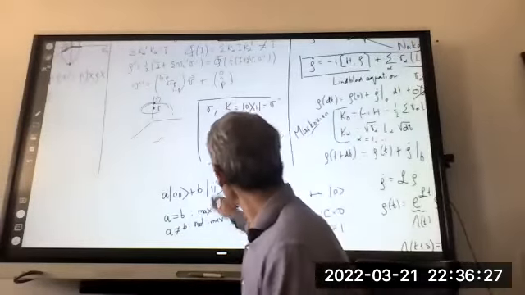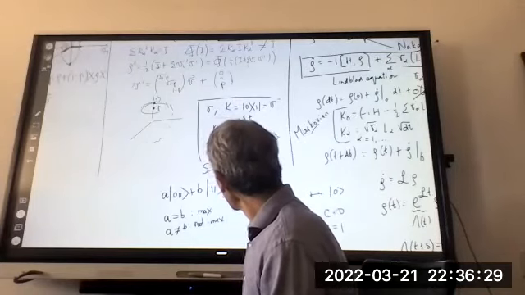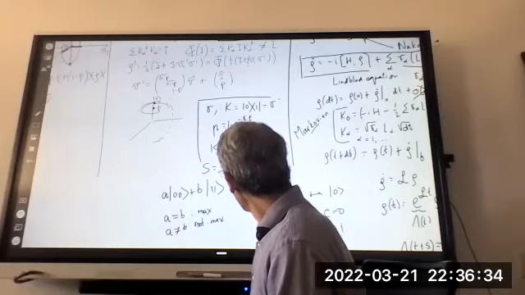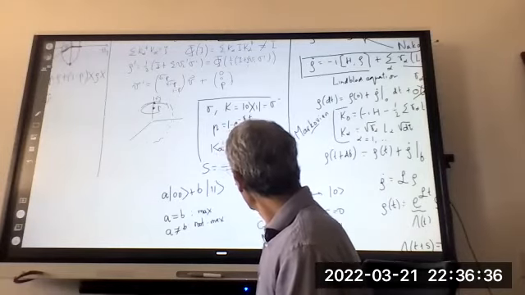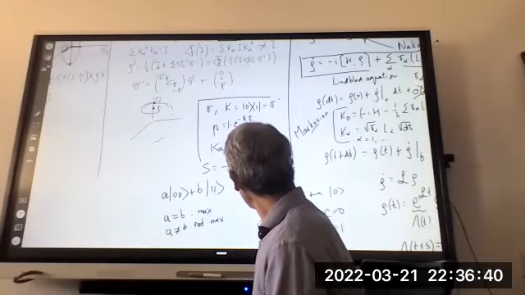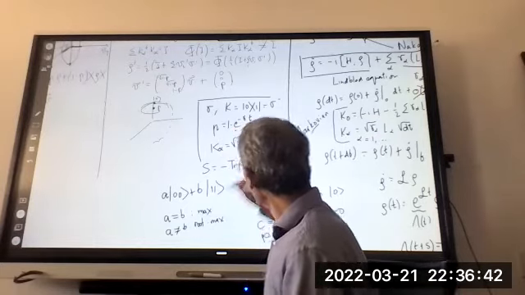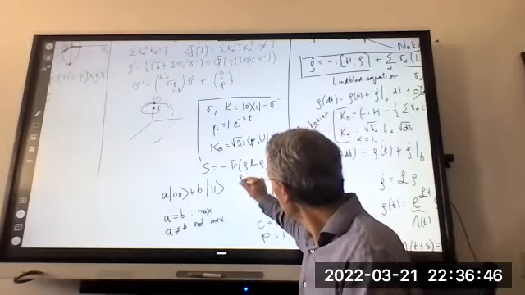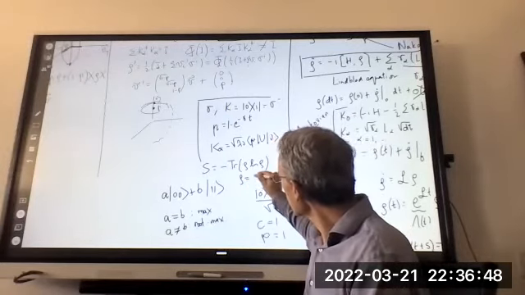The von Neumann entropy, usually called S, is minus the trace of rho log rho. And here rho is the reduced density matrix.